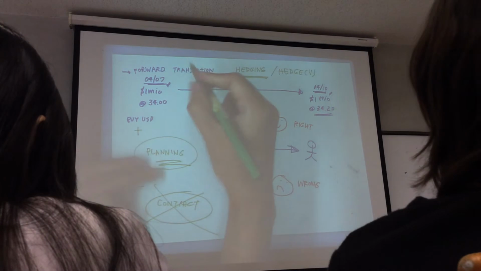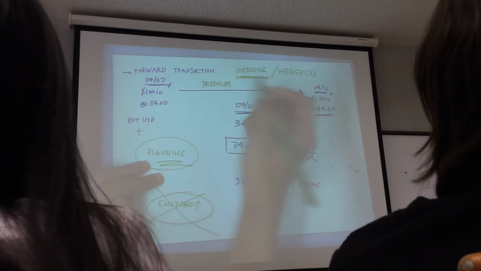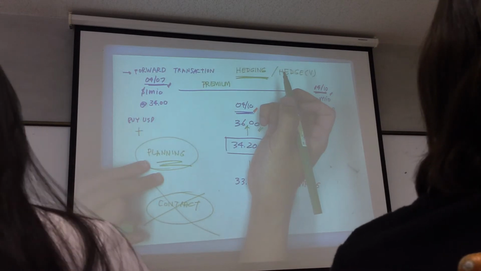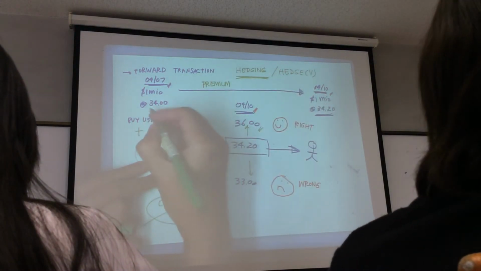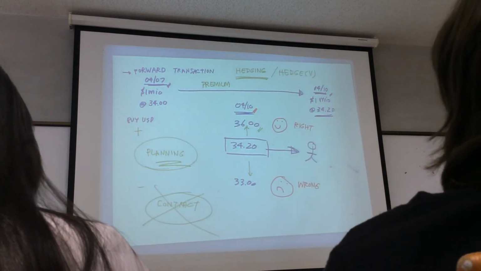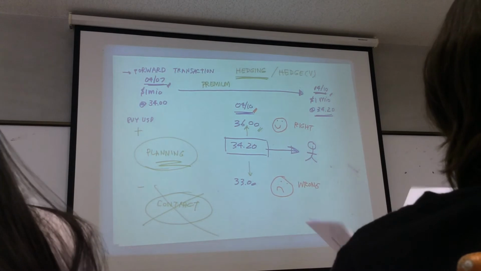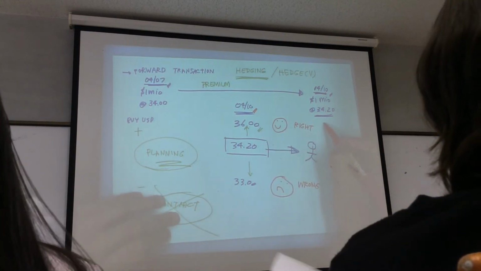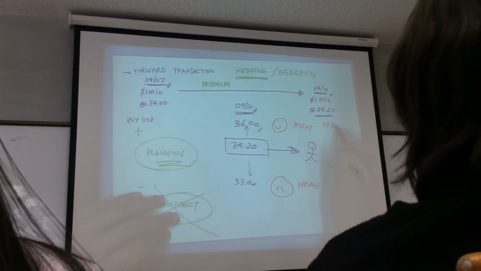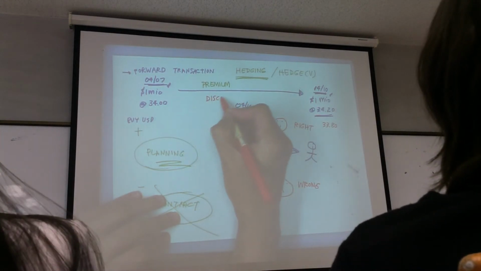In this case we call it premium. But if you pay 34, and if you ask for delivery in the future and it costs you less, let's say 33.80, then we call it discount.